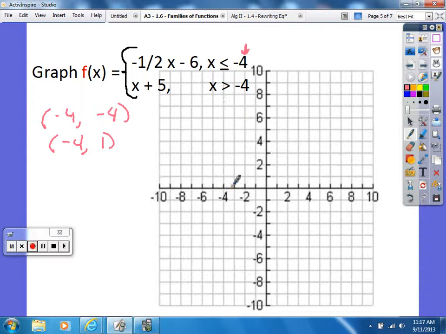So I'm going to plot a point at -4, comma -4 that gets a closed dot. And then I'm going to plot a point at -4, comma 1 that gets an open dot. Do you see why one's open, one's closed? Okay. Any questions so far?